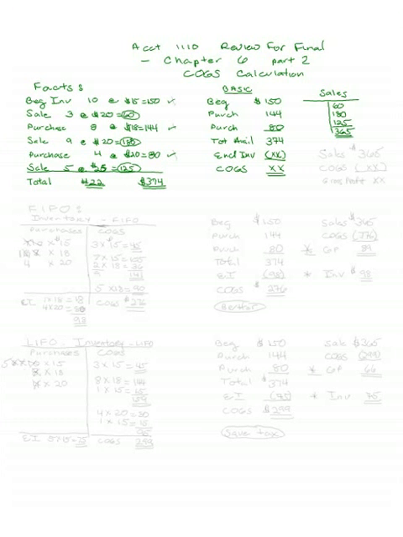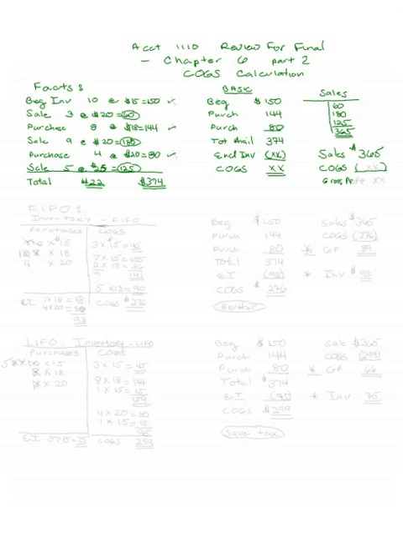So what we're trying to do then is figure out what our income statement is going to show. We're going to have sales in the amount of $365. From that you're going to subtract cost of goods sold under FIFO, LIFO, and weighted average, and come up with gross profit.